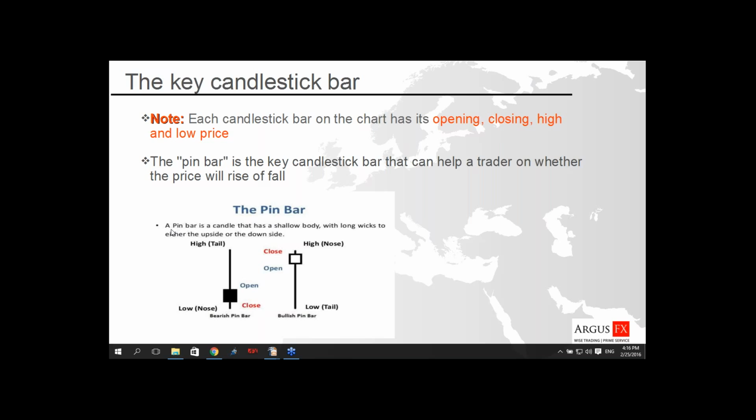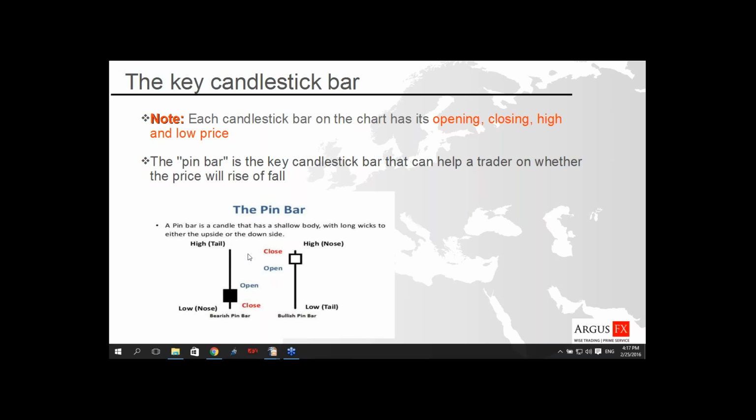Let's read this first. A pin bar is a candle that has a shallow body with long wicks. Long wicks is this, let's say, candle type of tail to either the upside or the downside. So let's see a bearish pin bar.